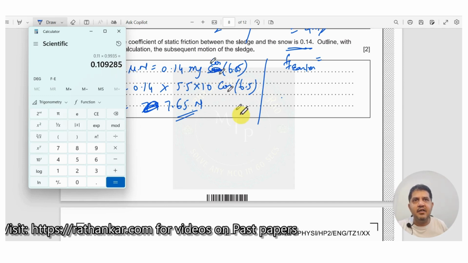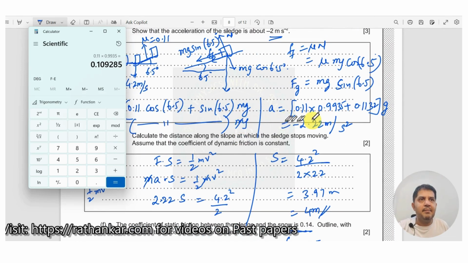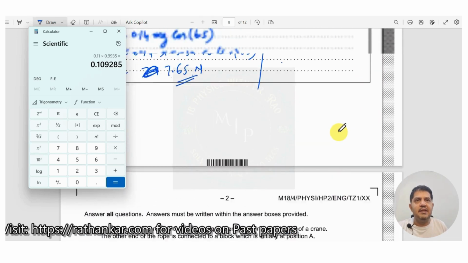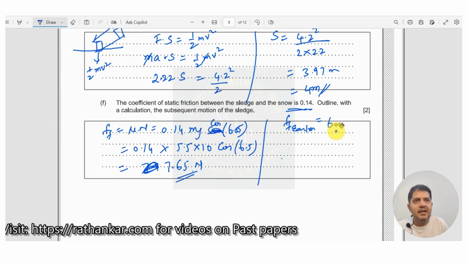Multiplied by m into g, where m is 5.5 kg multiplied by 10. I get around 6.01 Newton over there.